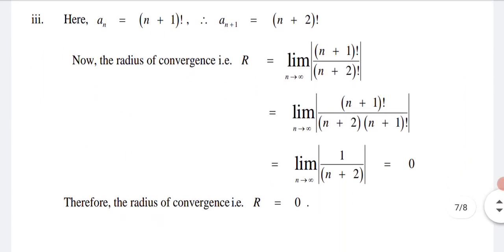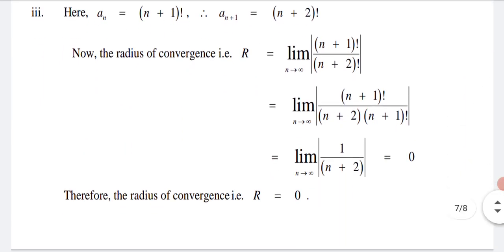Now last example, here an equal to n plus 1 factorial. Therefore an plus 1 equal to n plus 2 factorial. Now the radius of convergence, that is r, is equal to the limit of modulus of n plus 1 factorial by n plus 2 factorial as n tends to infinity.